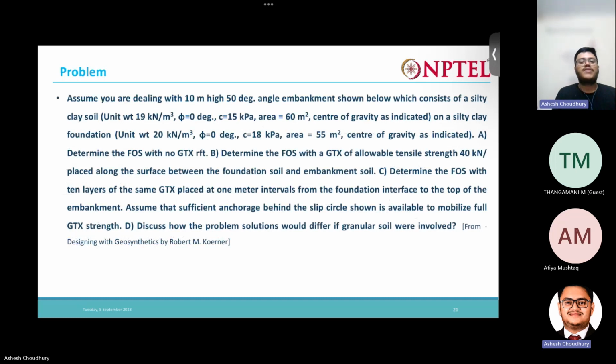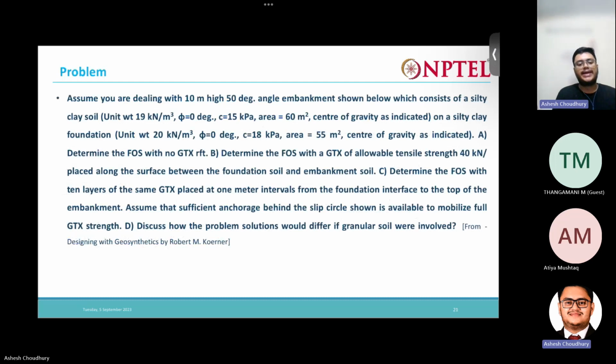Then determine the factor of safety with the geotextile reinforcement of allowable tensile strength of 40 kilonewton per meter placed along the surface between the foundation soil and the embankment soil. Only one layer of geotextile is placed at the interface. The third is to determine the factor of safety with 10 layers of the same geotextile placed at 1 meter intervals from the foundation interface to the top of the embankment.